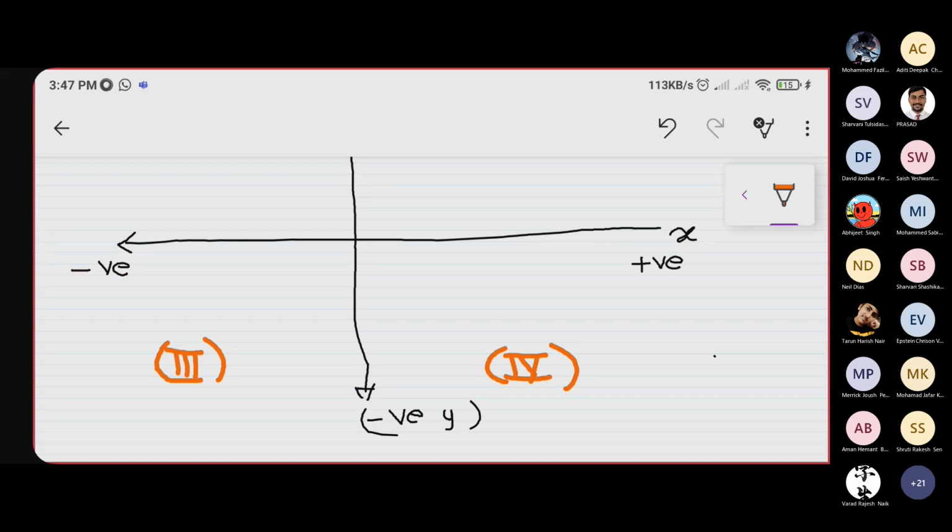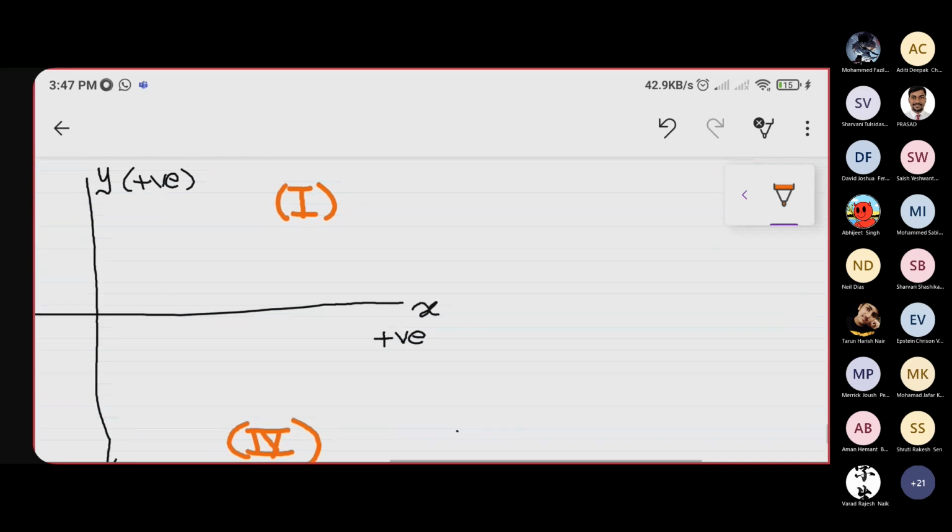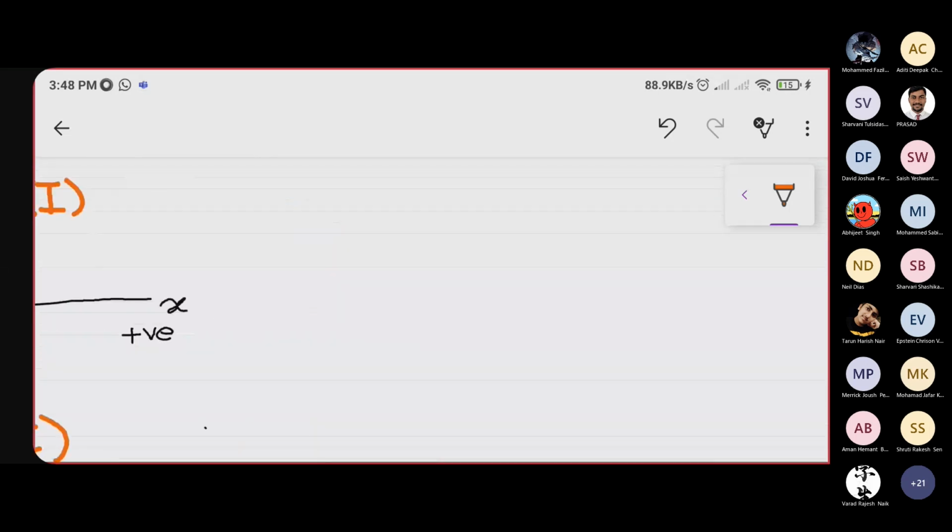Okay, so why are these quadrants given to represent the force system? Now I will tell you how. I will show a number of forces here.